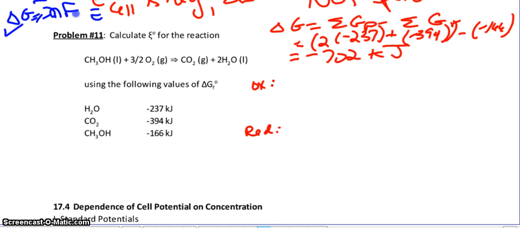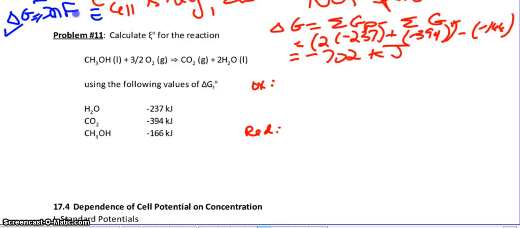I have the delta G, I have the F. I'm solving for the E. What don't I have? I don't have the N. I need to know how many electrons are being transferred. So I need to go and write out the oxidation numbers here to know which one is oxidation, which is reduction. Write my half reactions to know my N value.